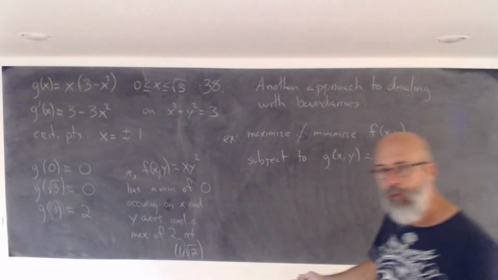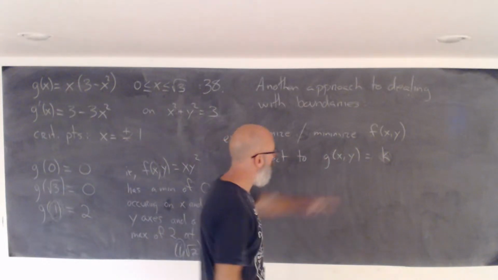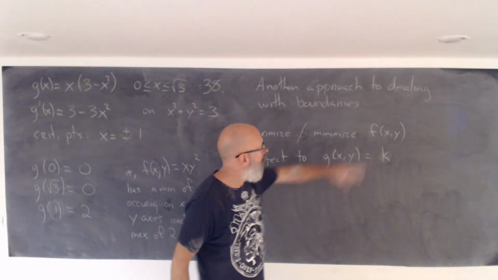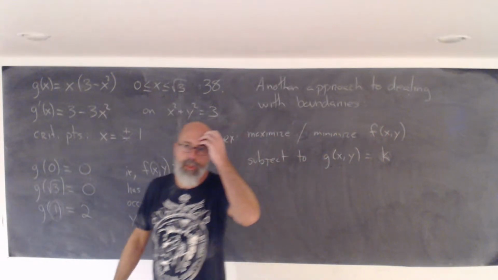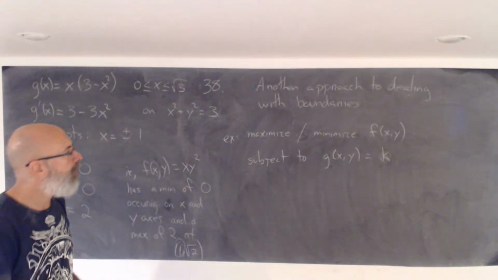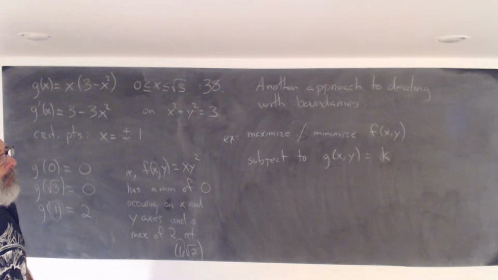Because that's essentially what we've been doing, right? This is your boundary curve, and you were trying to maximize some function on that boundary curve.